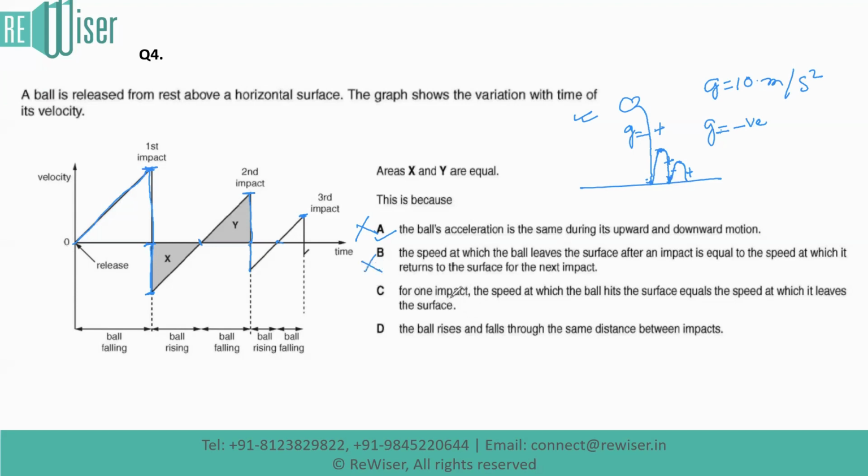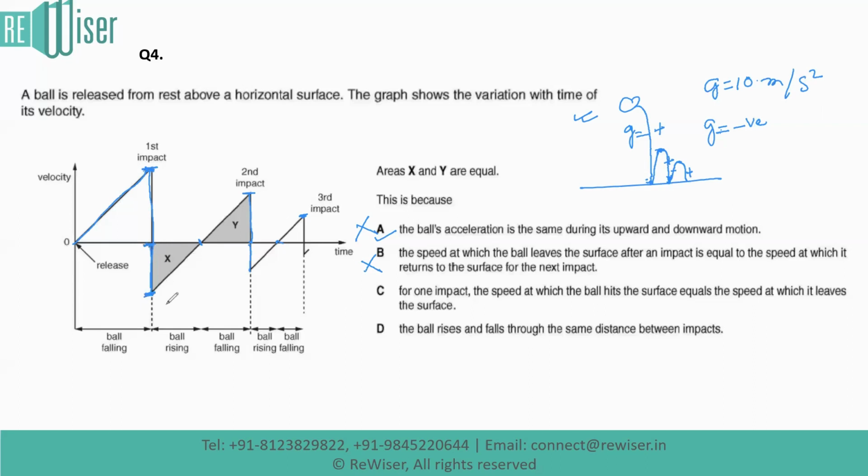C: for one impact, the speed at which the ball hits the surface equals the speed at which it leaves the surface. Since you can see when it hits the surface, it has the highest velocity, and after leaving the surface, it does not have that magnitude.